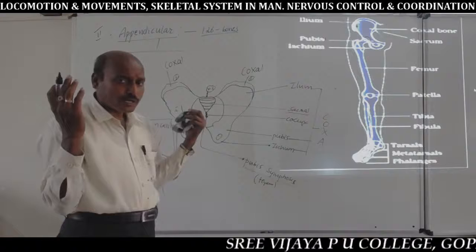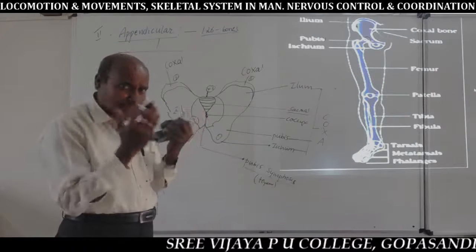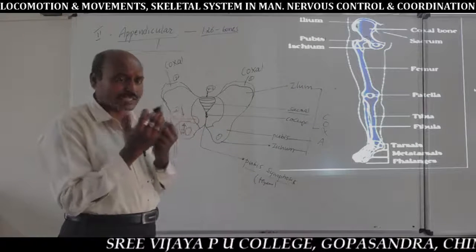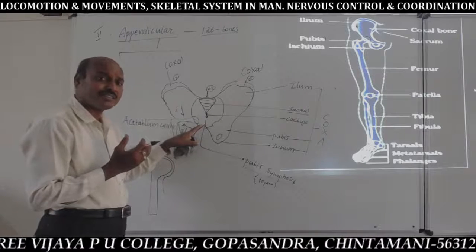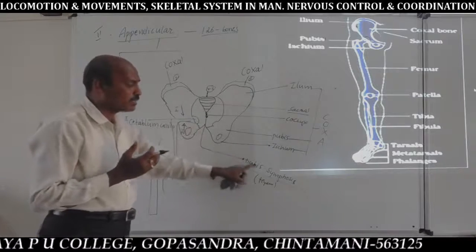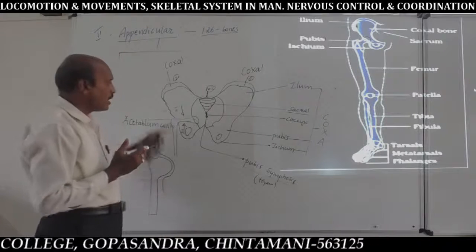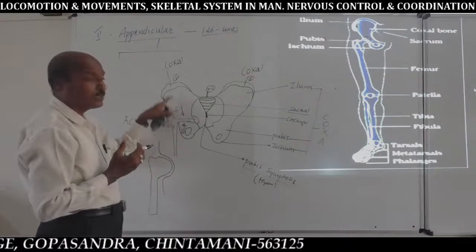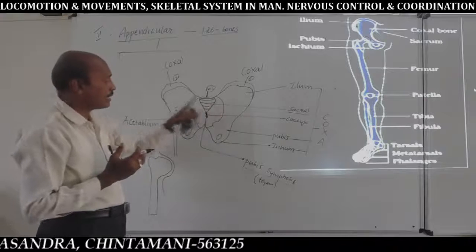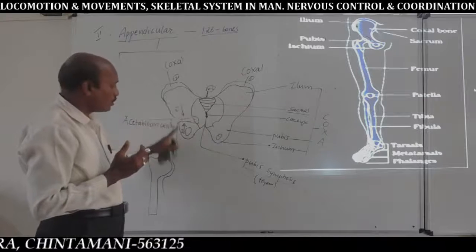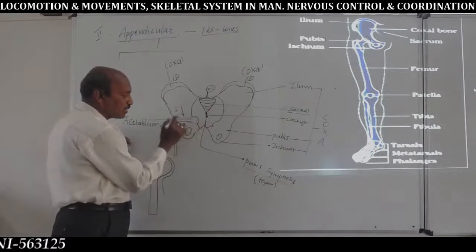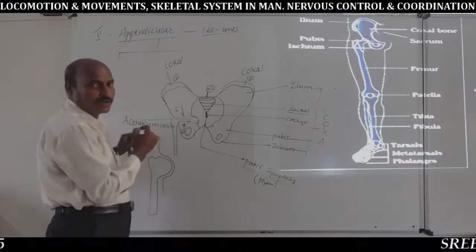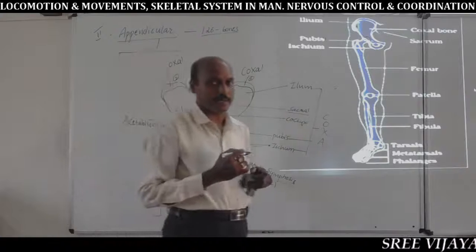While the two coxal bones fuse at the pubis part in the form of a hyaline cartilaginous joint called the pubis symphysis. And at the coincidence of the three parts of the coxa, upper ilium, lower ischium, and middle pubis, is the deep notch, the deep cavity called the acetabulum cavity.